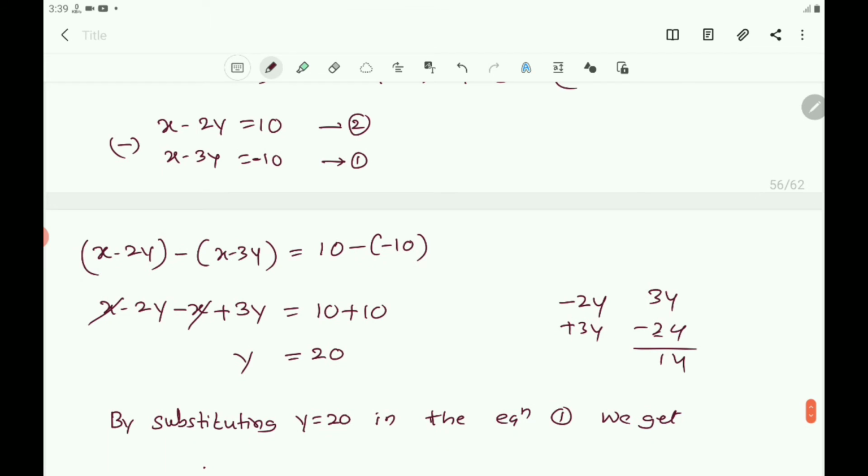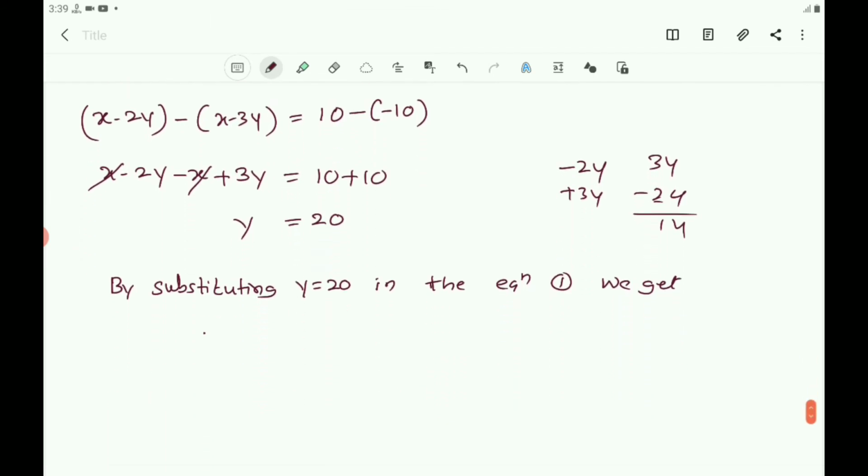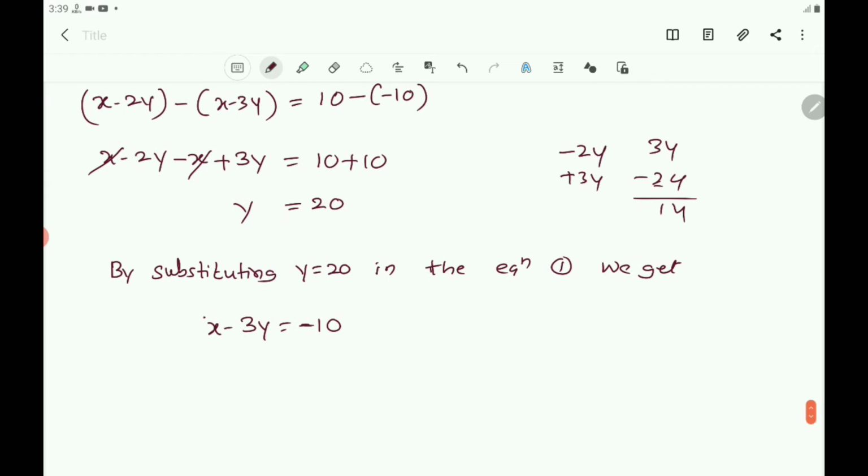That is x minus 3y is equals to minus 10. We take x minus 3y is equals to minus 10. You can also take the second equation to substitute. Here you have taken the first equation. Then what is the value of y? 20. So you write x minus 3 into 20 is equals to minus 10.